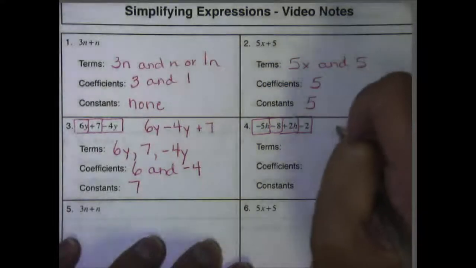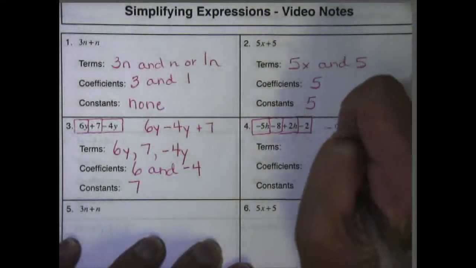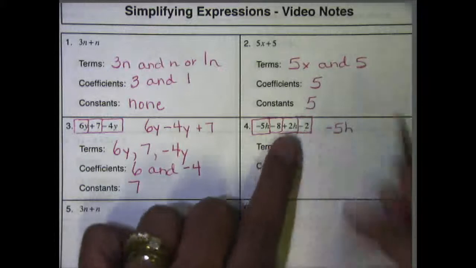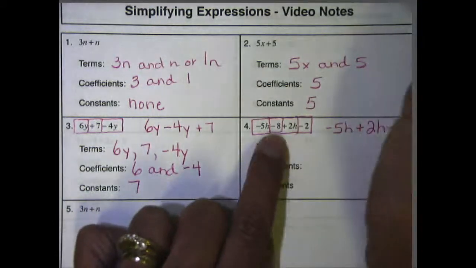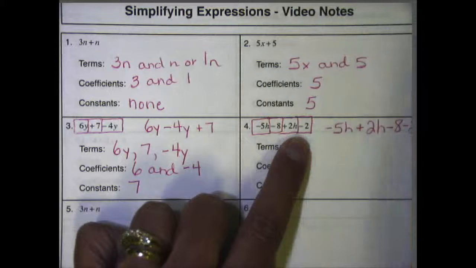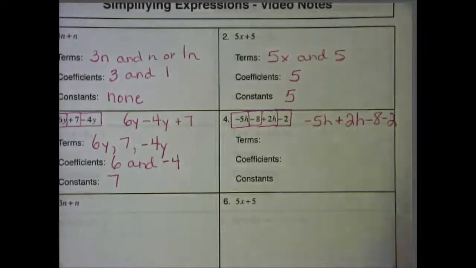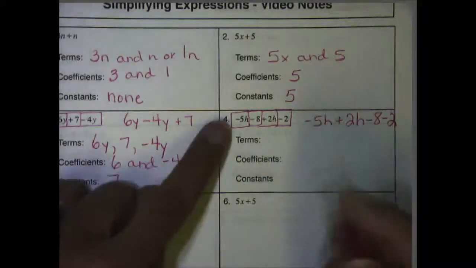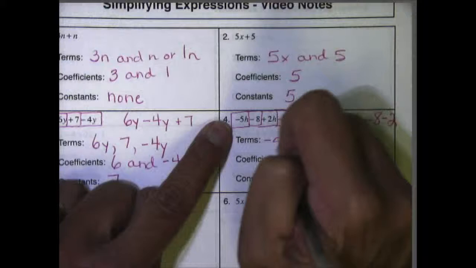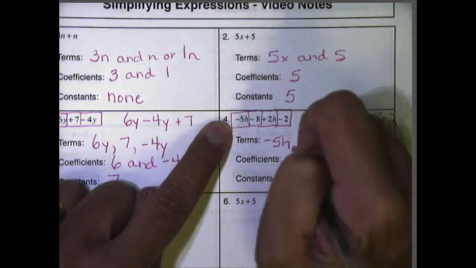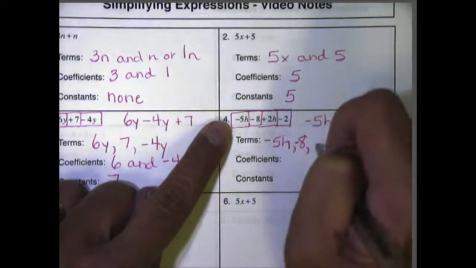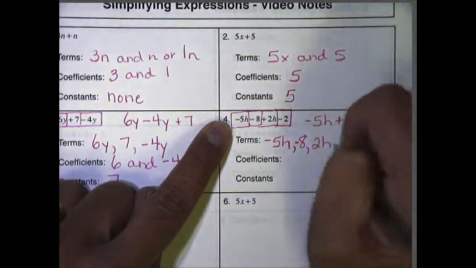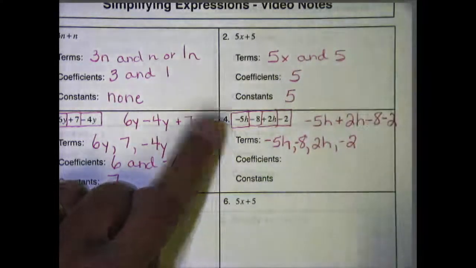Then we'll put our like terms together, so negative 5h, and then we have plus 2h, then we have minus 8, minus 2. So my terms, I can look right up here. Negative 5h, negative 8, positive 2h, and negative 2.